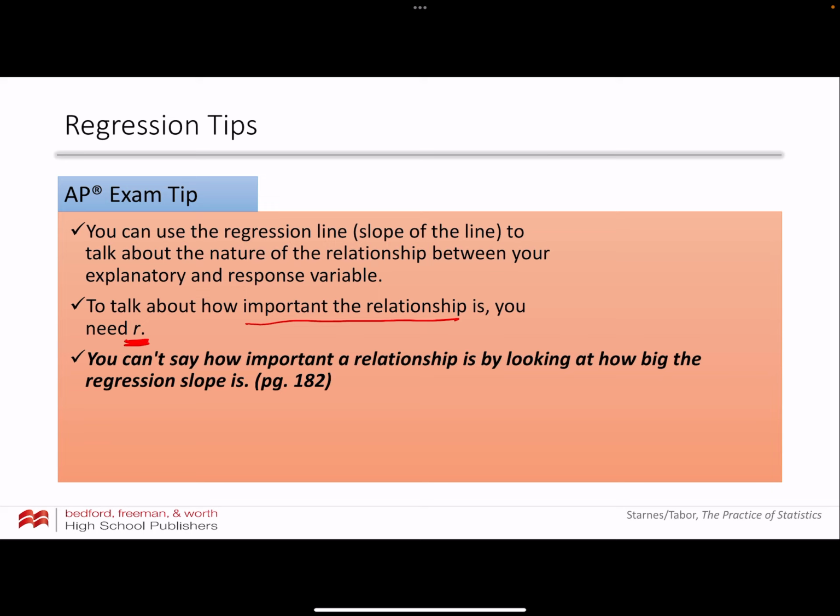Or I could have another 2 variables, and the slope between the two could be 5. That doesn't mean that the first one had a stronger relationship because it has a bigger slope, right? In order to tell me how strong or how important the relationship is, we need R. And you can read a little summary a little bit more in your book on page 182 if you're interested.